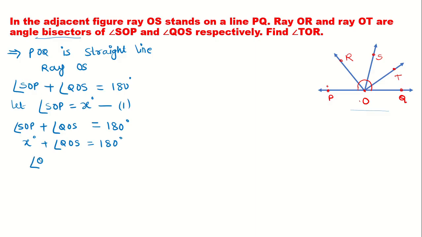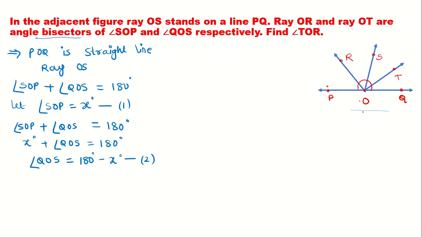So angle QOS equals 180, and taking this x to the right side, it becomes minus x degrees. Put this as equation 2. So from equation 1 we have angle SOP as x degrees and, from equation 2, angle QOS as 180 minus x degrees.